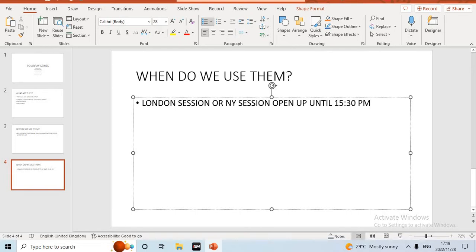After 3 p.m., what I mean is that I don't look for a trade. That's when I'll use them, from 8 a.m., for whoever doesn't know when the NY open is. New York session, 8 a.m. NY time. I am not in NY right now, but I have to know that the time is 8 a.m. NY. When it's 8 a.m. in NY, for me, it's actually 2:30.